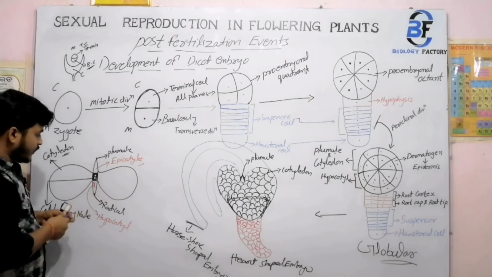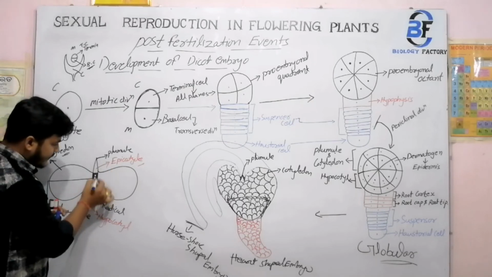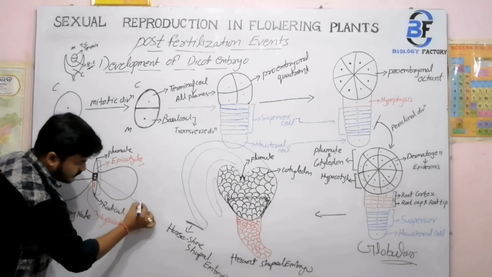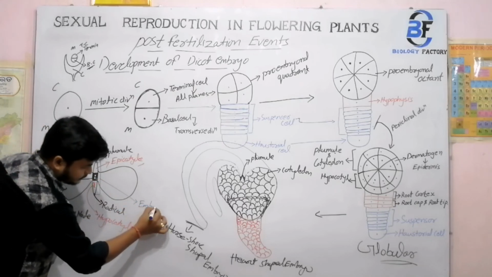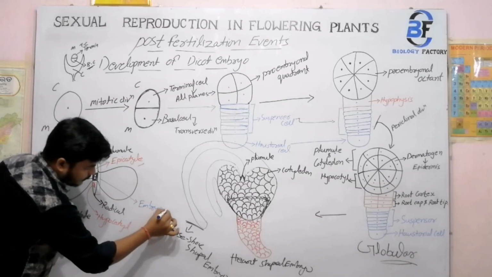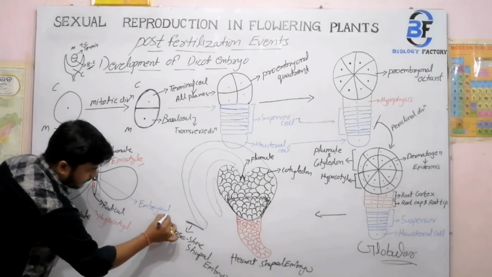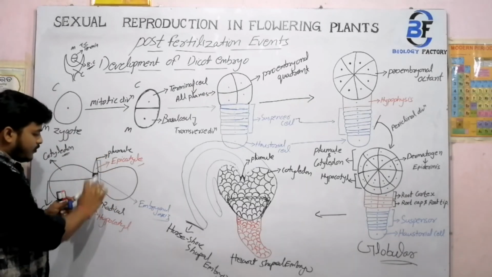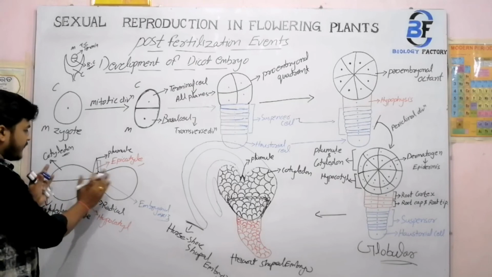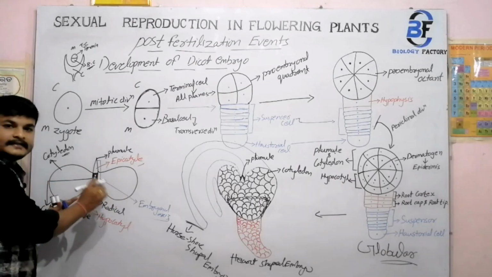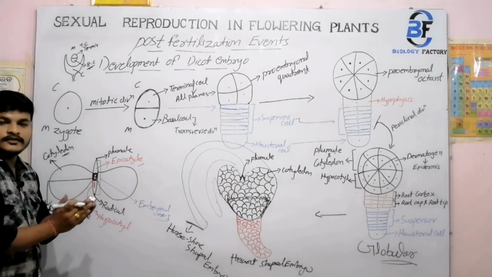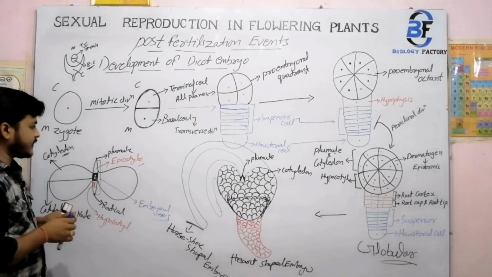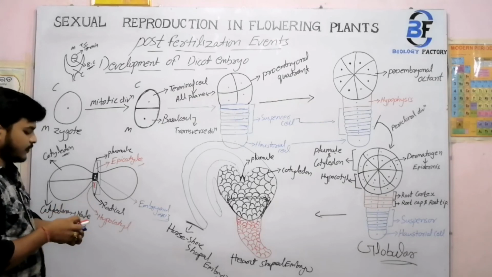This total axis is known as your embryonal axis, and this embryonal axis contains your plumule, radicle, epicotyl, hypocotyl, two cotyledons, and a single cotyledonary node in which the cotyledons are attached.